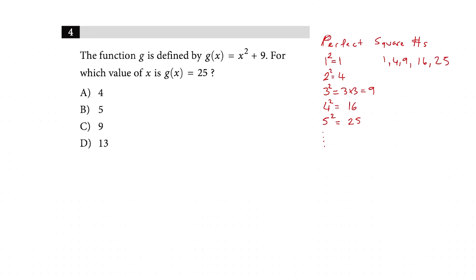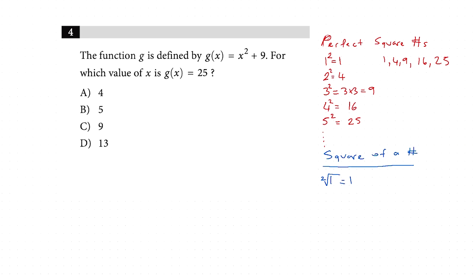Also, there is a very strong relationship between perfect square numbers and the square root of a number. When you take the square root of 1, usually if you don't see any root number, it's always an invisible 2 there. So the square root of 1 is 1, because 1 squared is 1.